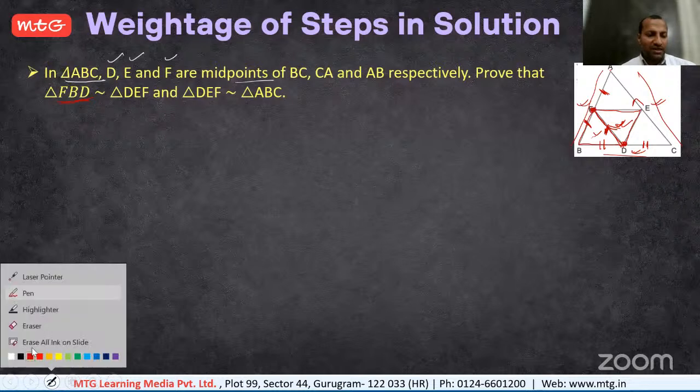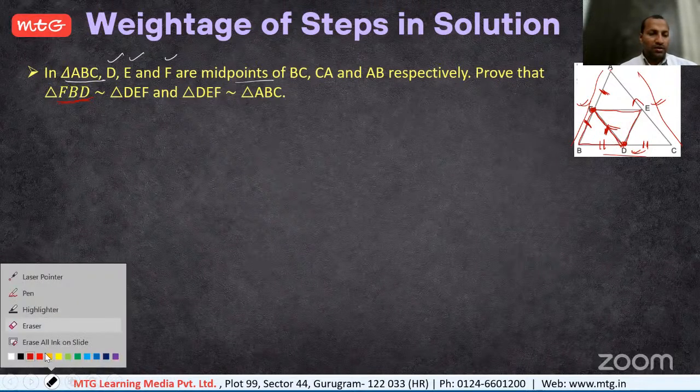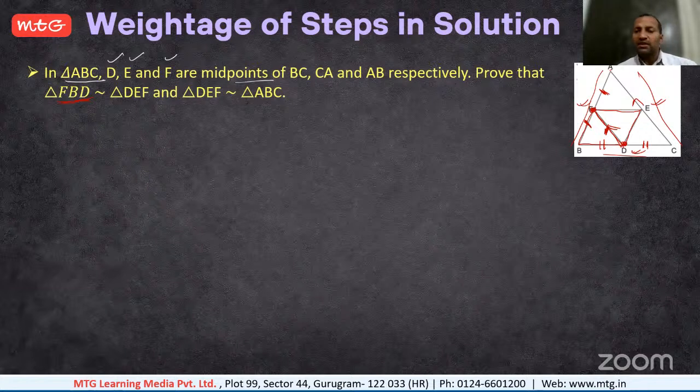Let me delete whatever extra marks I have given, so it will not confuse you. So what I said, your DF is parallel to AC. This side is parallel to AC. Fine.